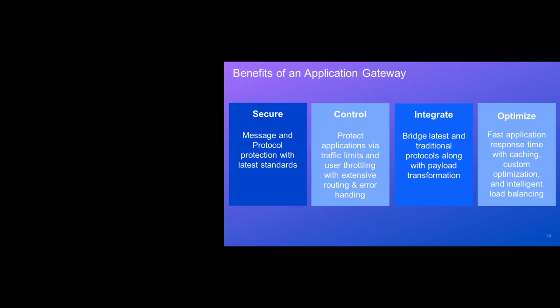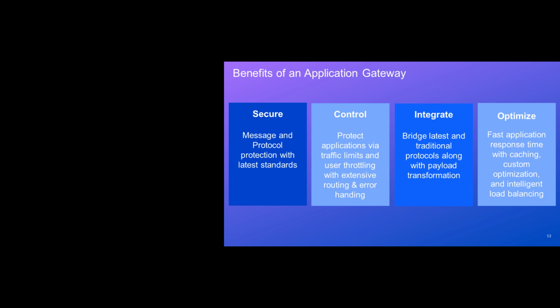You all know why we use a gateway for that security, control, integration, optimization. The core principles of DataPower remain. We want to be the highest security for message and protocol protection.